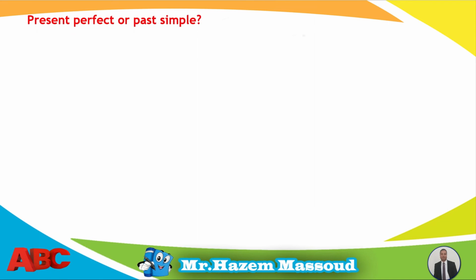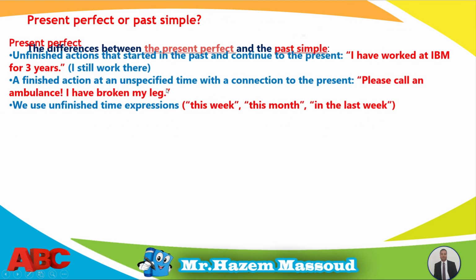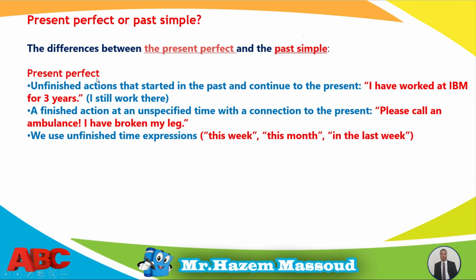Let's see present perfect or past simple. What is the difference between the present perfect and the past simple? First, the present perfect: unfinished actions that started in the past and continue to the present.